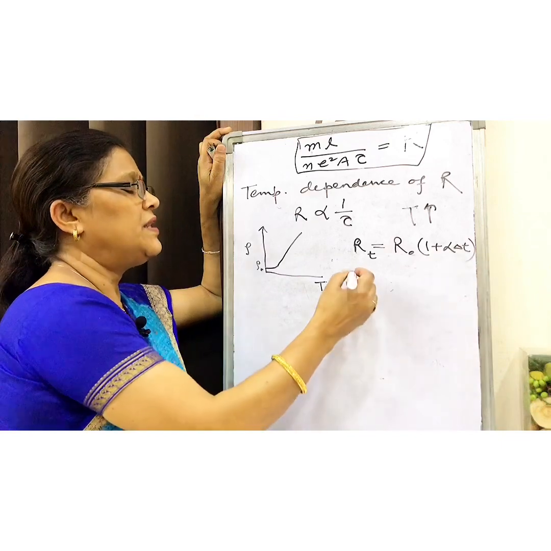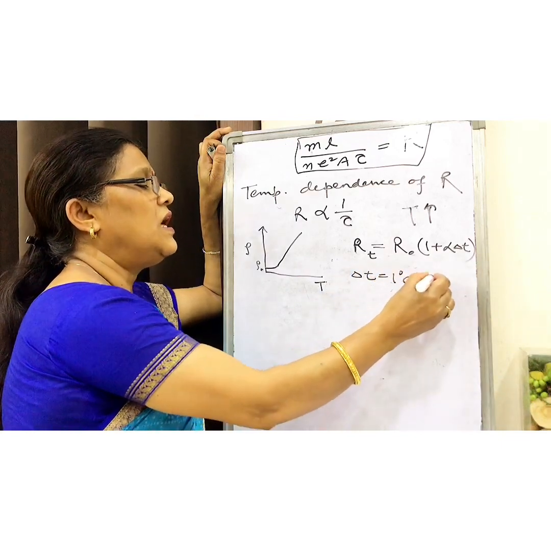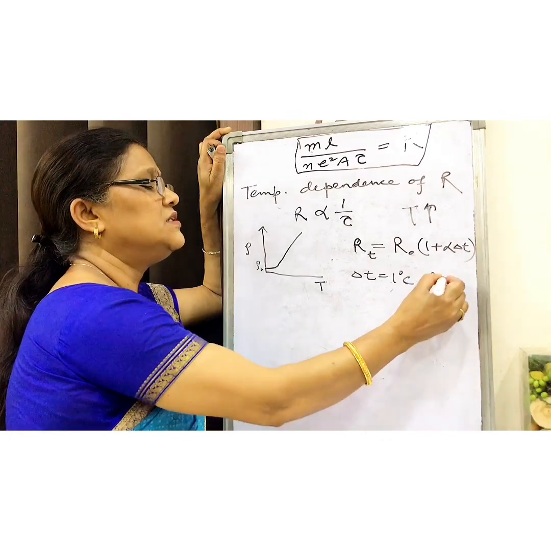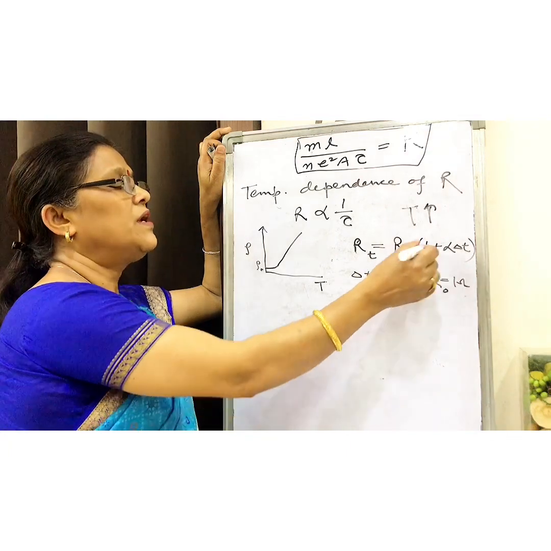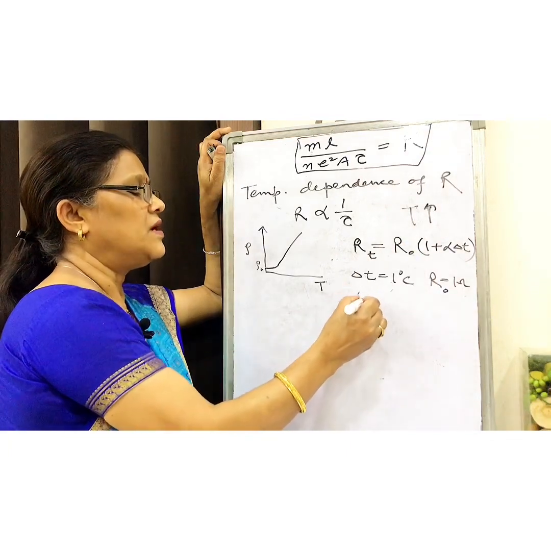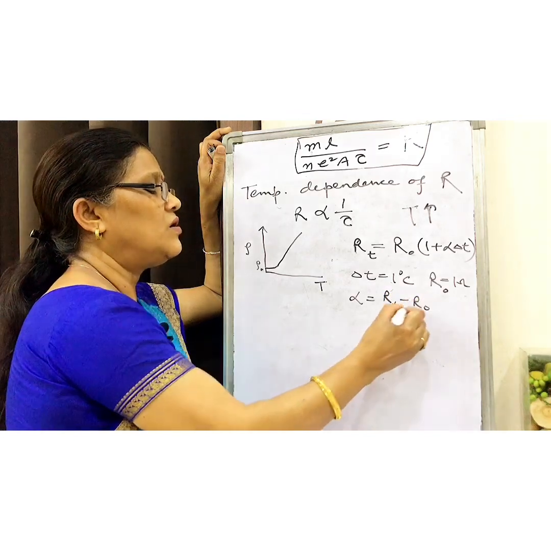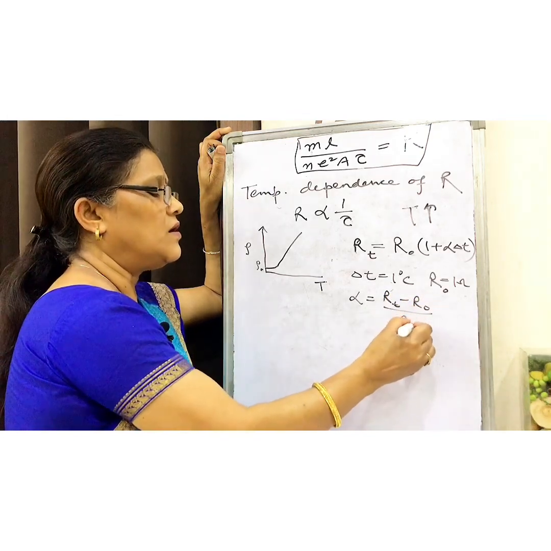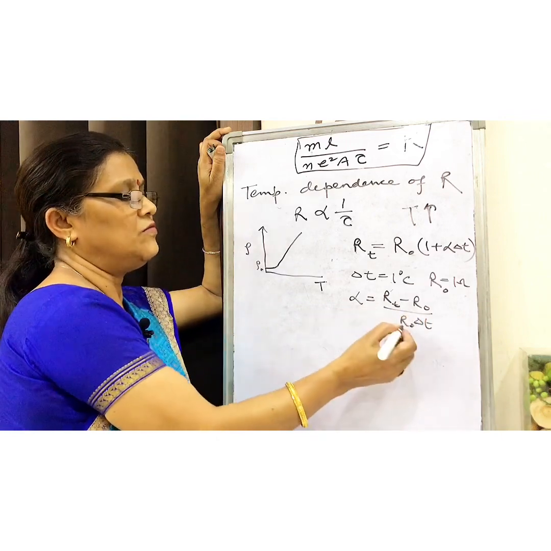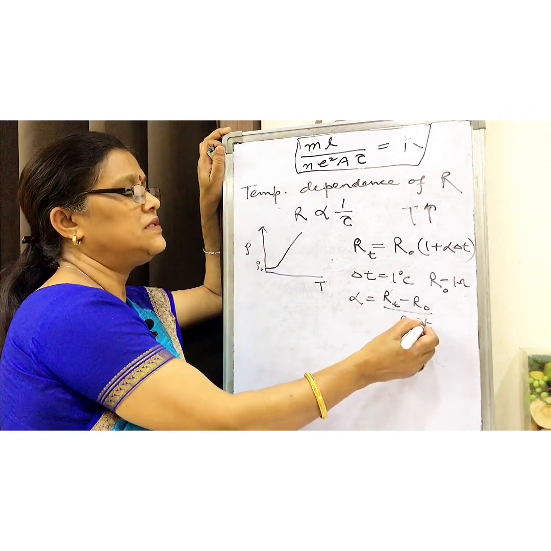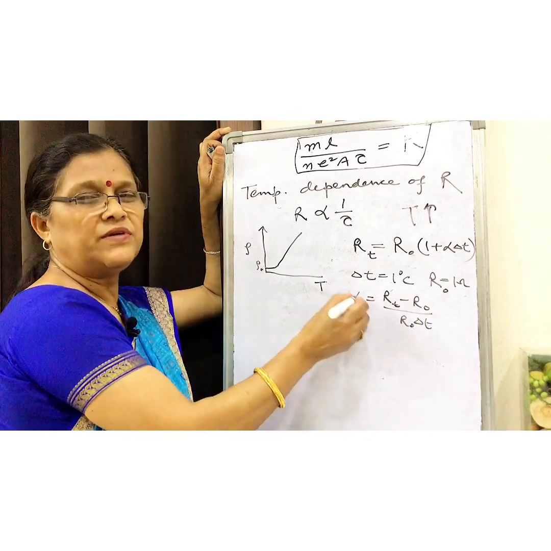So, we find that if the change of temperature is suppose 1 degree Celsius and R naught, that is resistance at 0 degree Celsius, is 1 ohm, then what can you write here? This alpha can be written as (R_T minus R naught) upon R naught into delta T. R naught is 1 and delta T is 1 degree Celsius. Then how will you define this temperature coefficient of resistance?